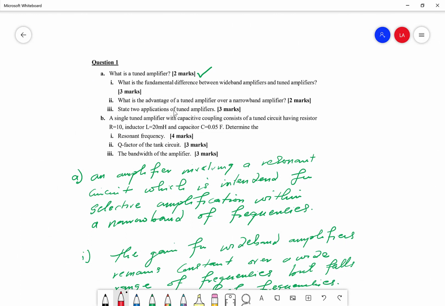Now, there is another question which asks for the advantage of a tuned amplifier over a narrowband amplifier. The advantage is very simple.